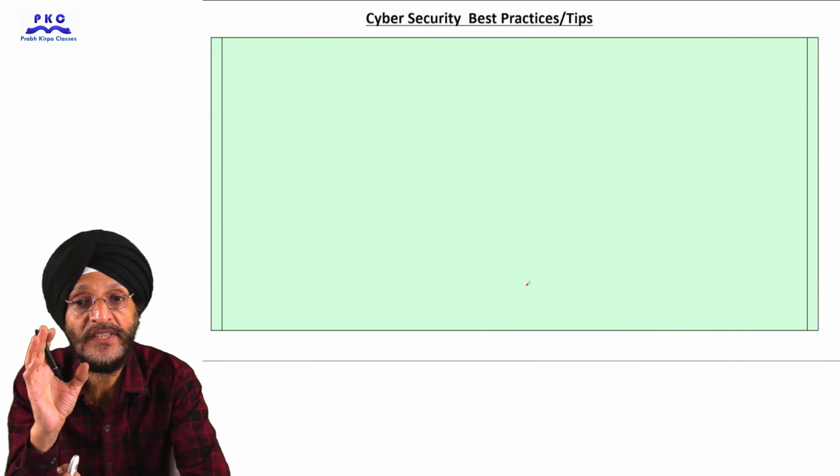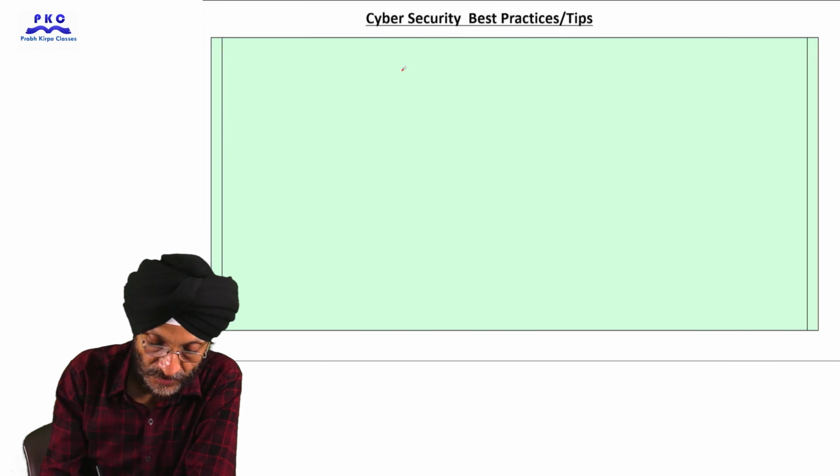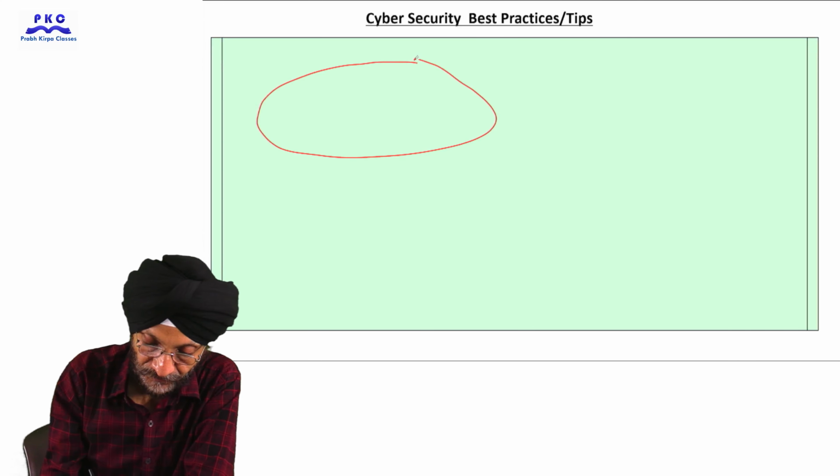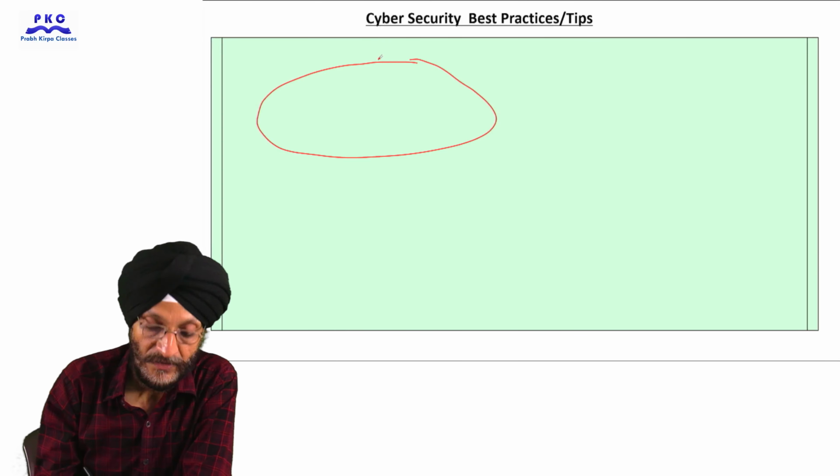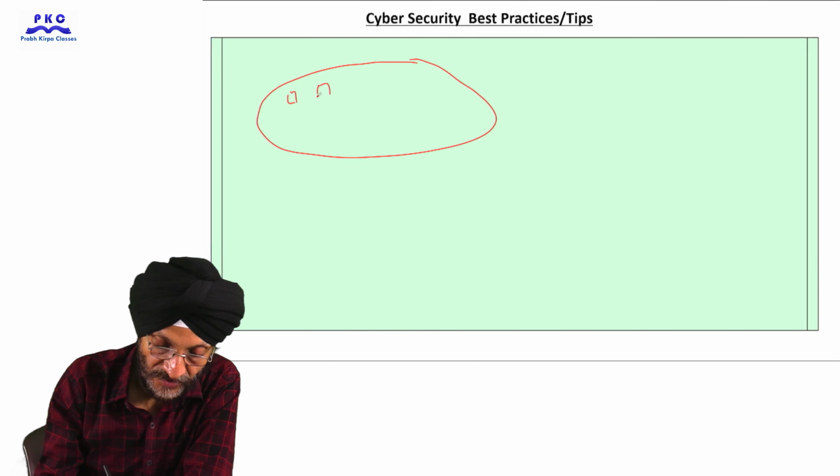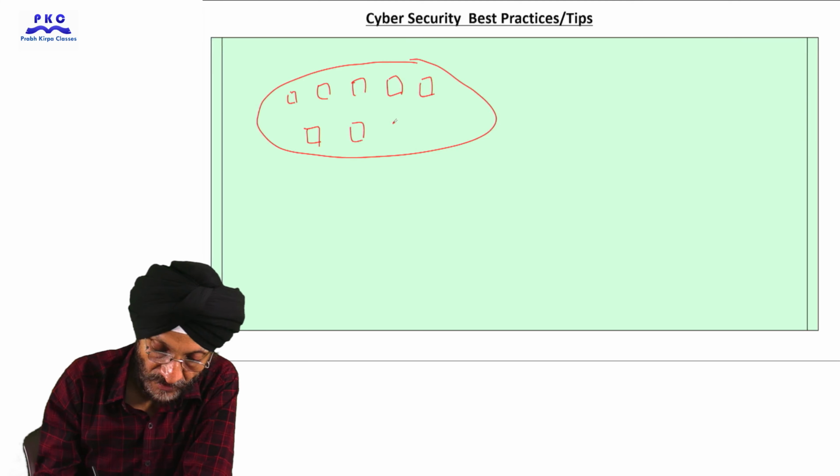We understand the same with the help of an example. Suppose you have a very large network, and here are the network devices or computer systems. All are interconnected.